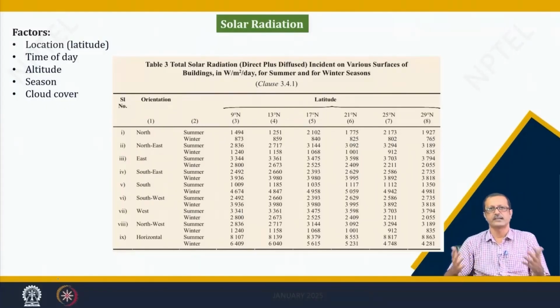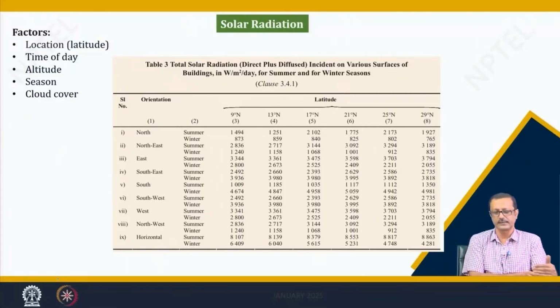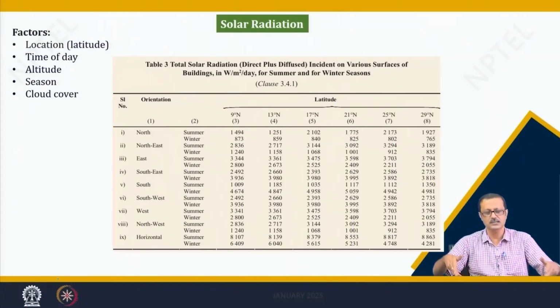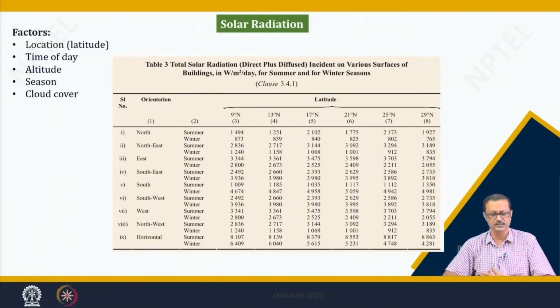So there is a variation in the south intensity, the east intensity, the west wall intensity, and also in the north and the horizontal. Here it lists north, northeast, east, southeast, south, southwest, west, northwest, and horizontal: 8 cardinal surfaces and 1 horizontal surface, both in summer and winter.